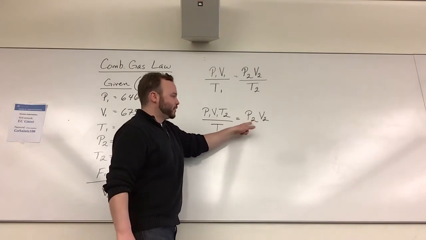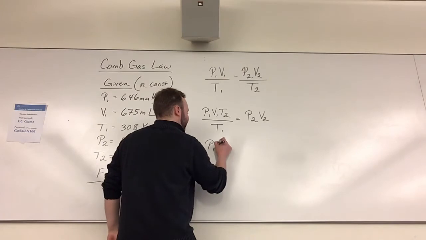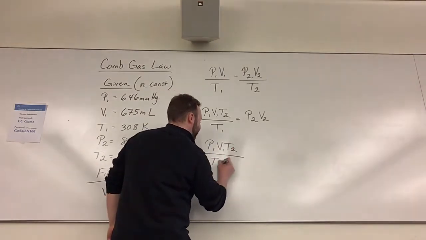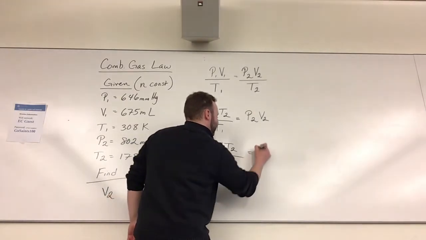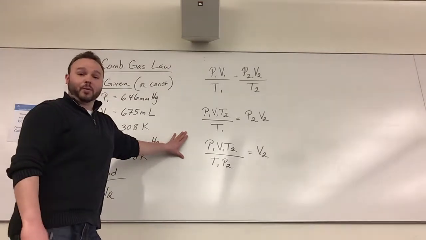So if I divide both sides by P2, I'll end up with the equation P1 V1 T2 over T1 P2. And that equals V2.